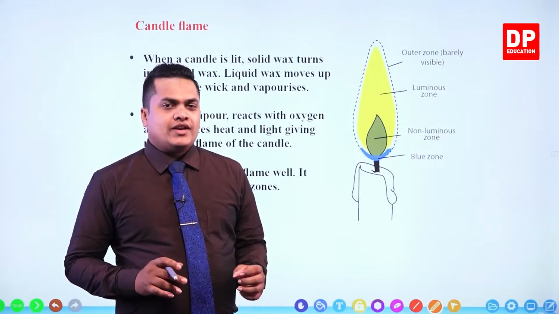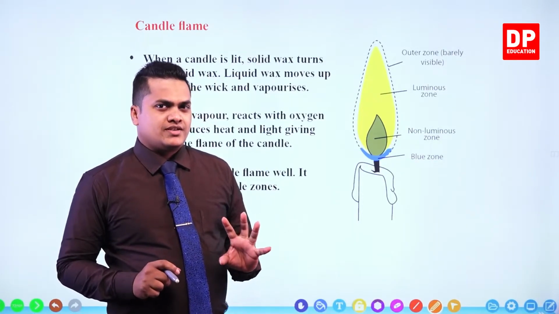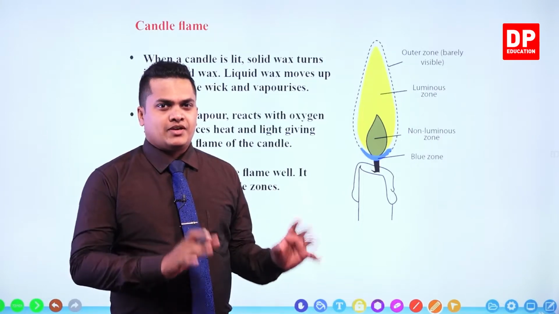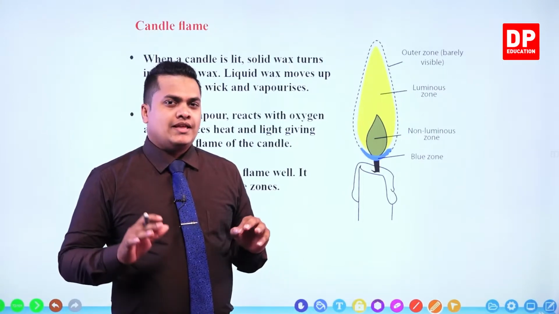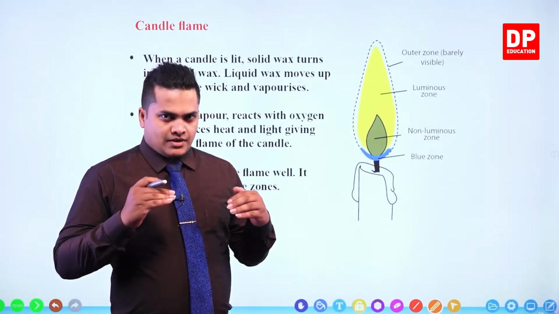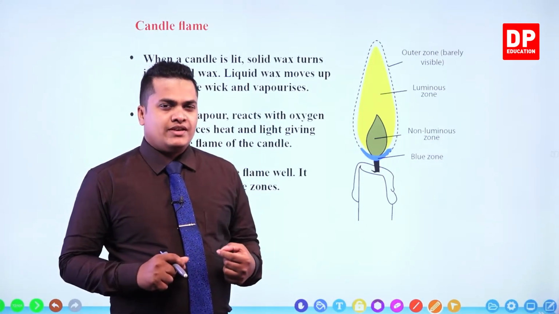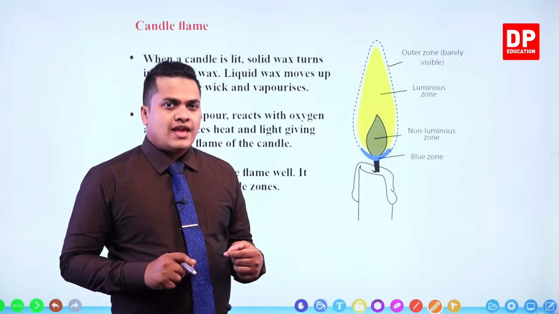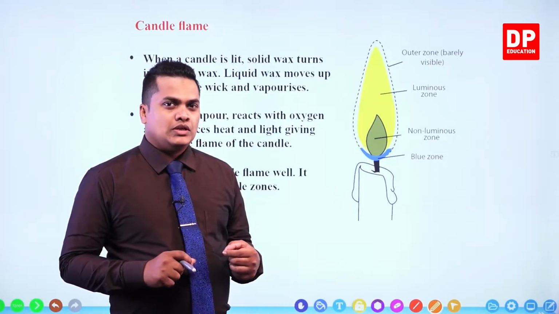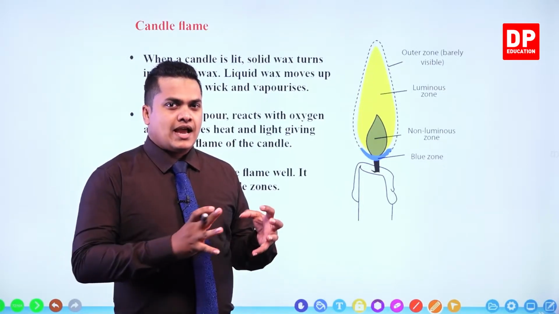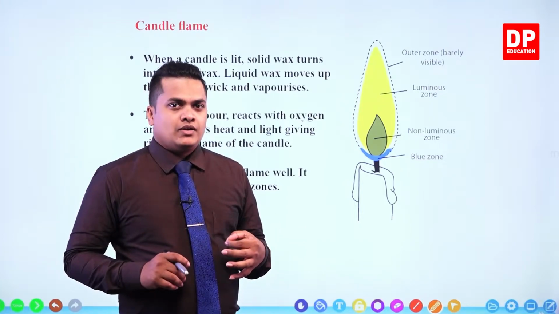Okay, my dear children. In the earlier chapters, we discussed several things related to chemical changes, physical changes, and the combustion process. In this chapter, we'll be discussing flames related to a candle and a Bunsen burner.